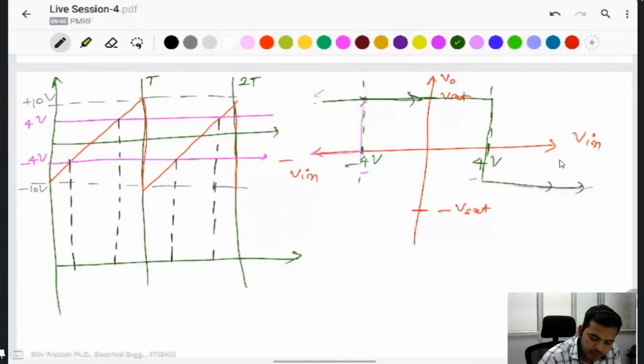Output signal is given between minus 4 and 4 volt, then you find the output. And see here, when the input signal is greater than minus 4 volt, minus 4 volt means less negative to the reference, and up to plus 4 volt, this is given in the output, like that.